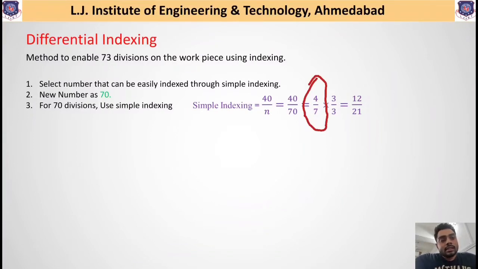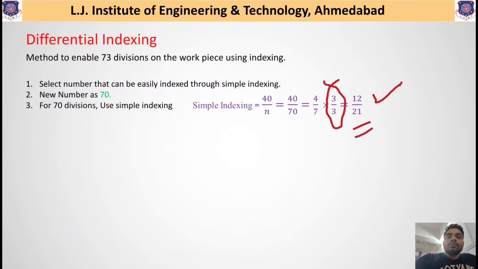For that we multiply by 3, and after multiplying by 3 you will get 12 divided by 21. Always keep in mind that the denominator number must be available in the indexing plate, and here 21 is selected.